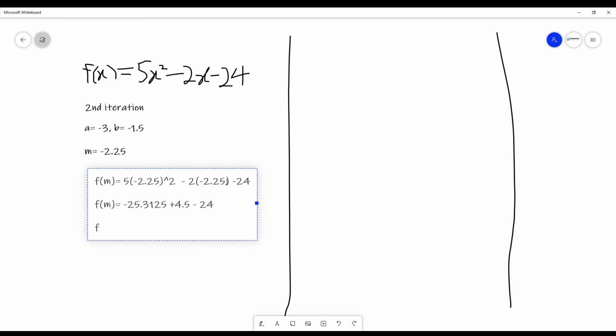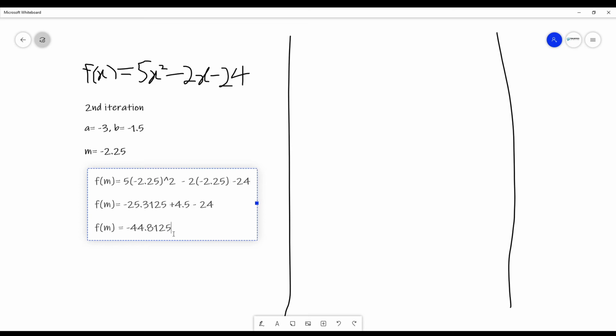So f of m would give minus 25.3125 plus 4.5 minus 24. It's going to give minus 44.8125. All right, so this is minus 44 point 8125.